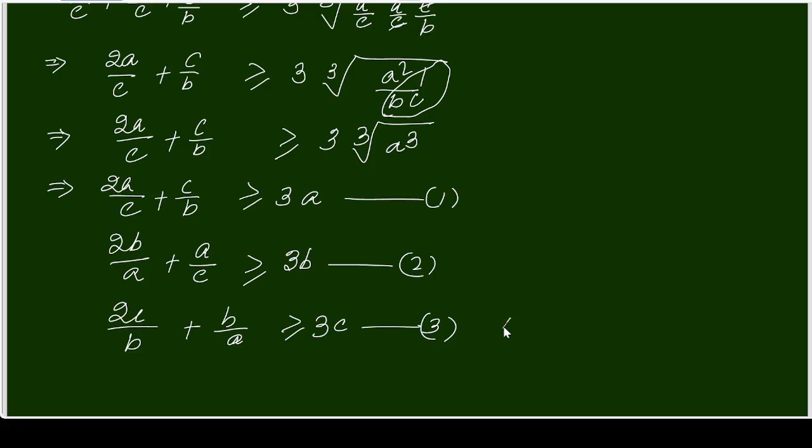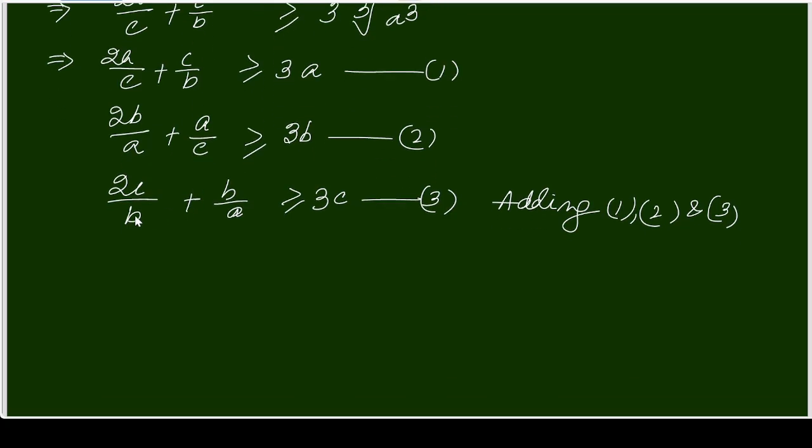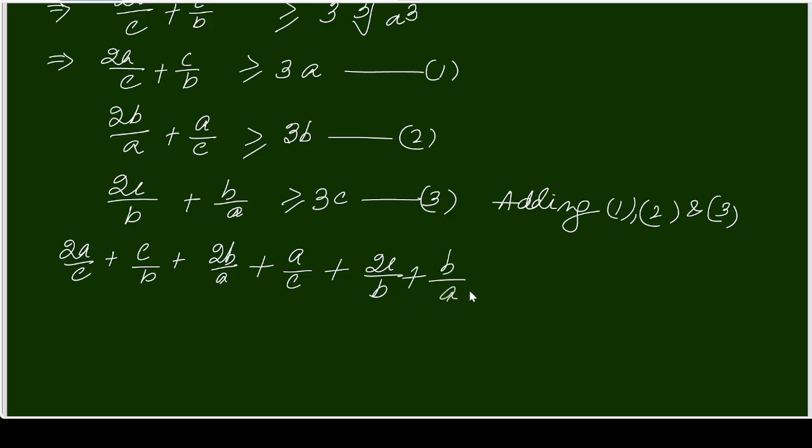Now adding these three inequalities, we'll get twice a over c plus c over b plus twice b over a plus a over c plus twice c over b plus b over a is greater than or equal to 3 times a plus b plus c.